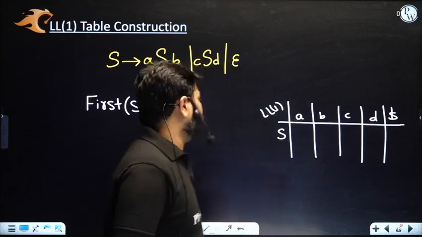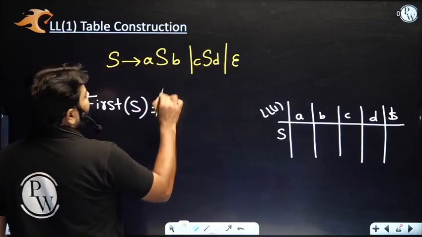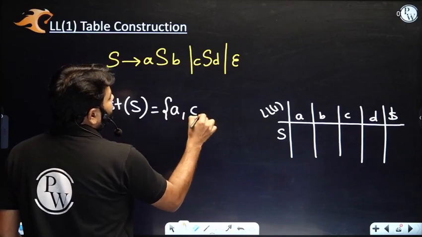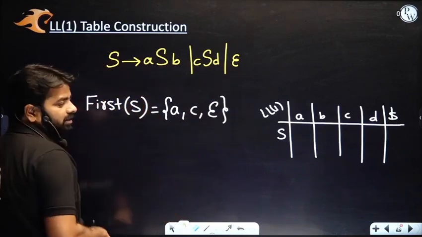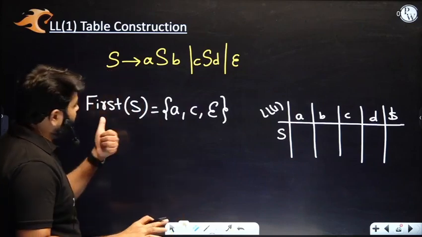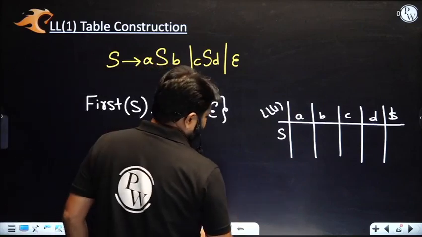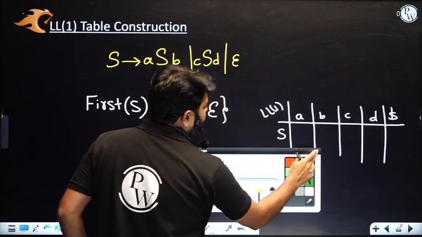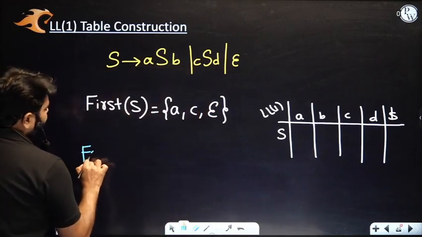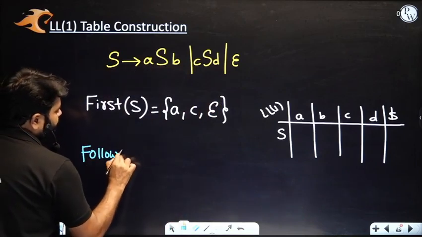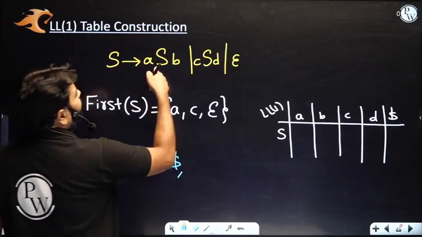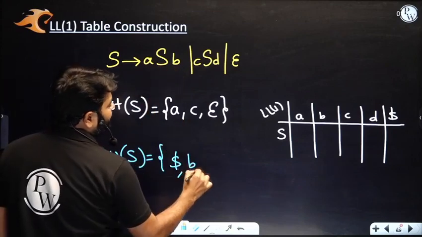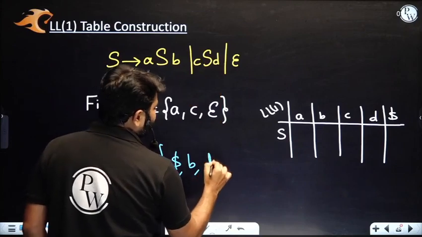So, that is a very important point. First of S here has A, C, and epsilon, that is the reason you need to compute the follow set, otherwise we do not need the follow set for S. Here follow set of S is, by default, dollar, and here after S, B is there, and here after S, D is there.